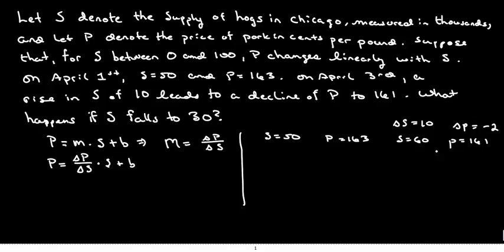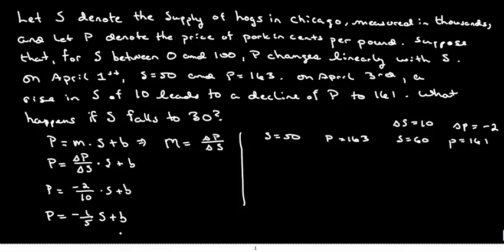We went from 50 to 60, a rise of 10, and we have a decrease in price of 2. So our equation is P equals the change in price, -2, over the change in supply, 10, and we can reduce this to P equals -1/5 times S plus B.